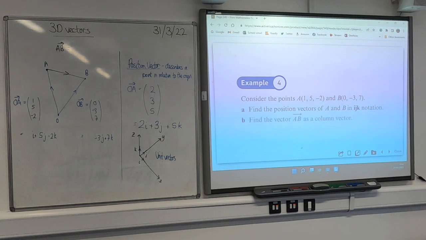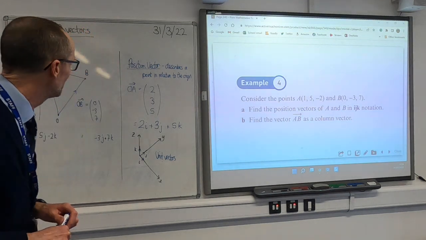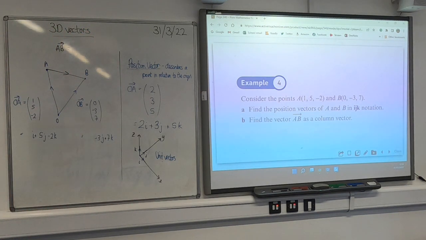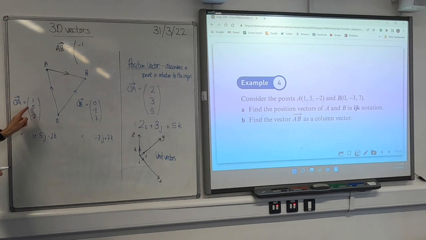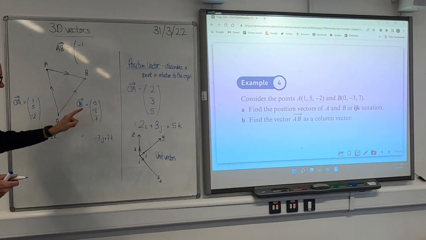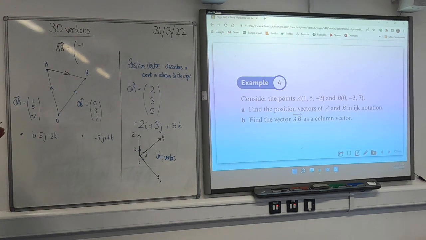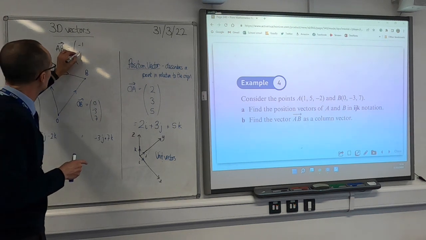Well, it's just like we had before with the distance between two coordinates. We're just asking, what's the jump? What's the difference? So to get from here to here, in the x direction, we've gone backwards 1. In the y direction, we've actually gone down 8 from 5 to -3.